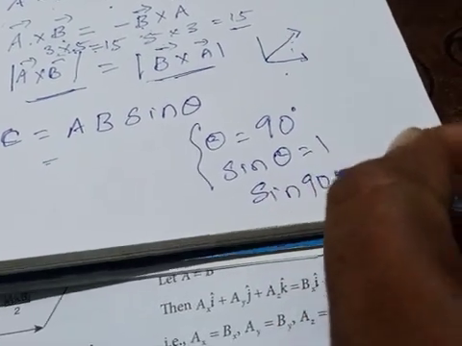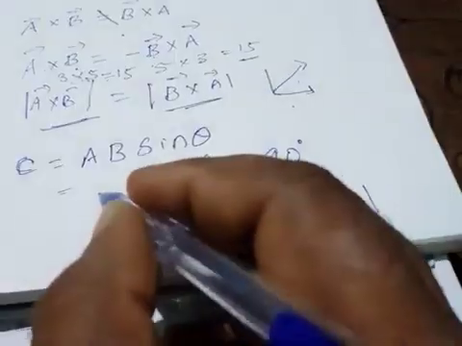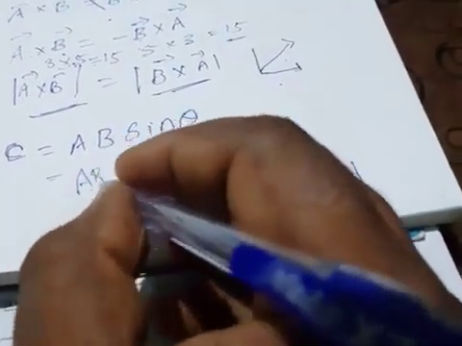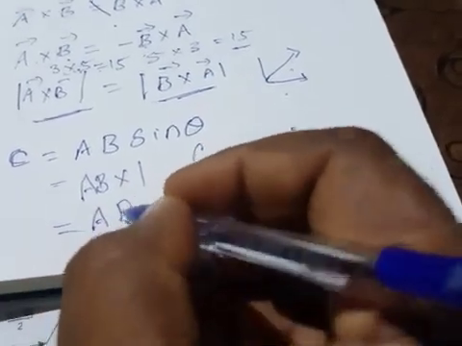Sin 90 is 1, so we get AB into 1, which is AB.